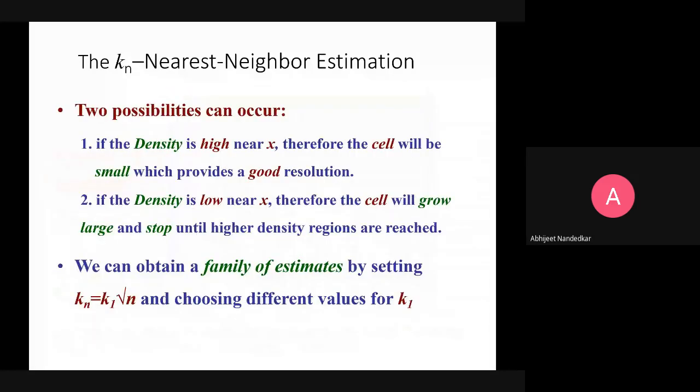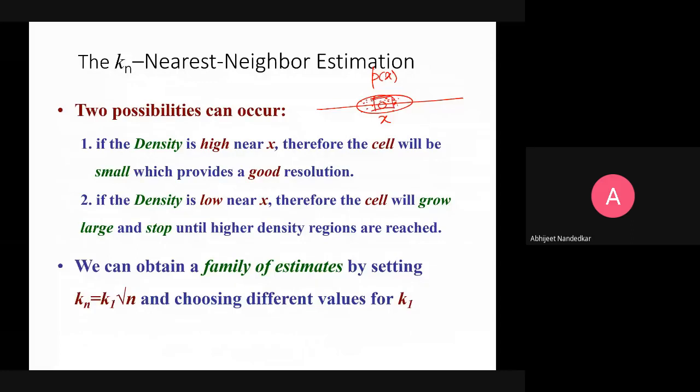Now there are two possibilities that can happen. If density is high near x, that is, you want to find out p of x at this position, and the sample density is more around this, then you need a very small volume around this.